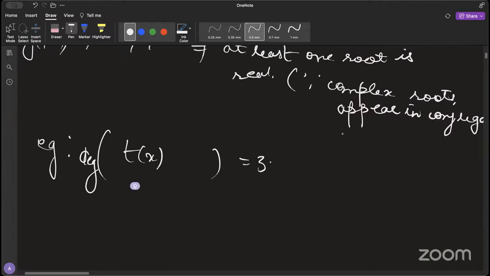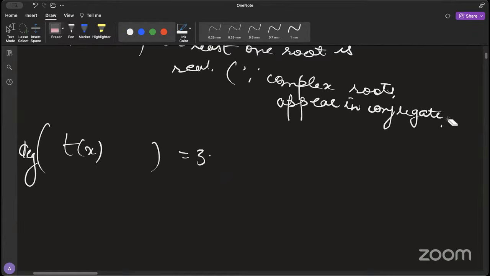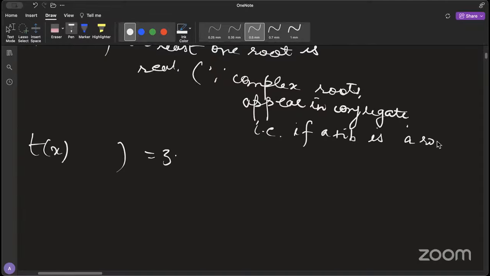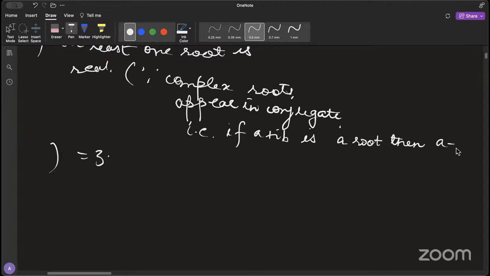Appear in conjugate means that if a plus iota b is a root, then a minus iota b is also a root.